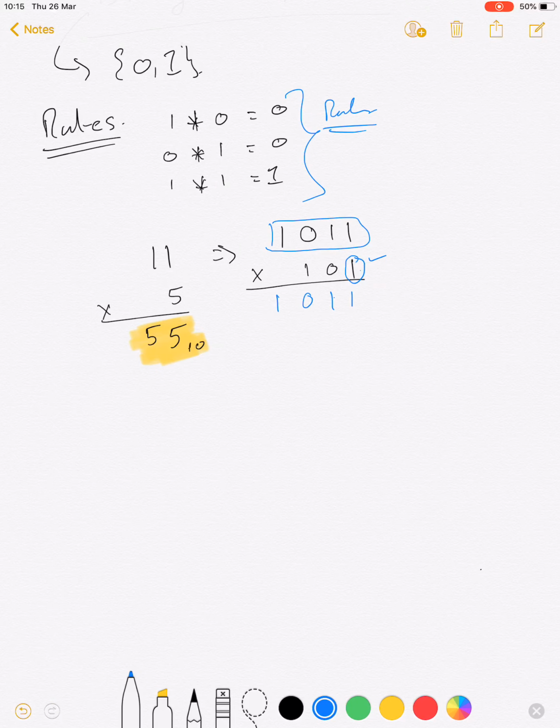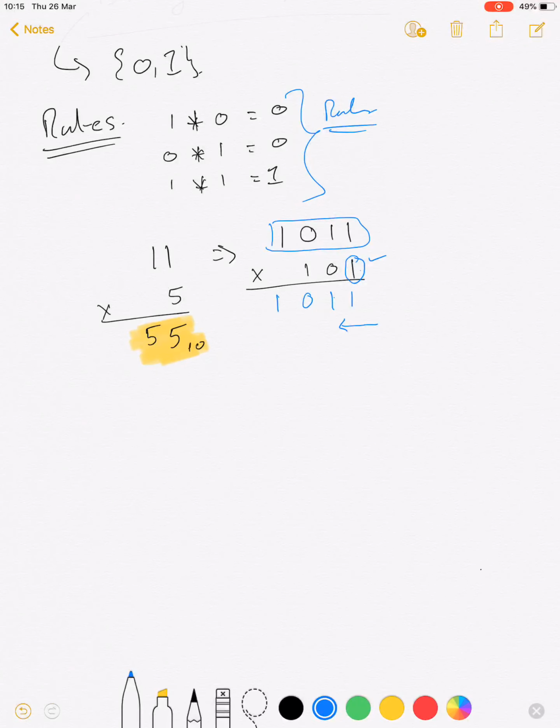Now we need to move into the next digit, which is 0. As we move to the next digit, we also indent one column, because the position of the digit indicates its order. Now we say 0 multiplied by each digit.